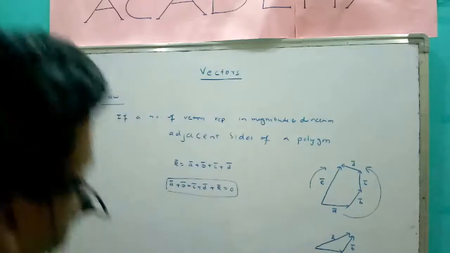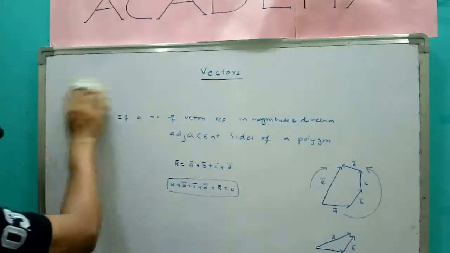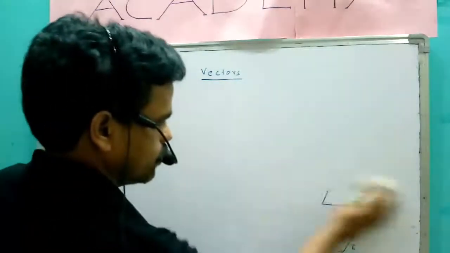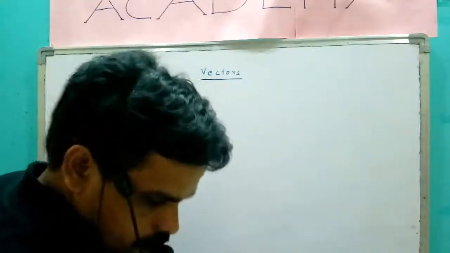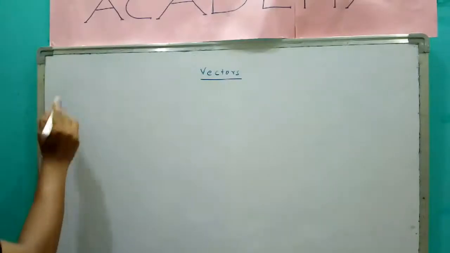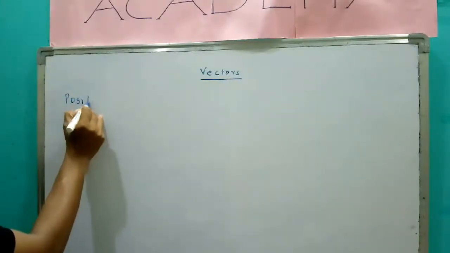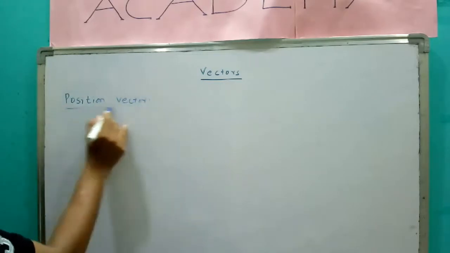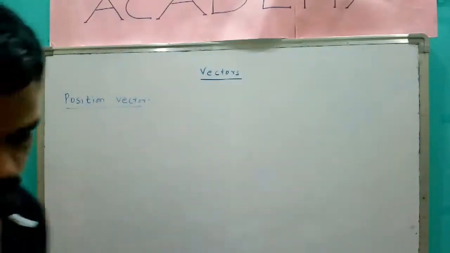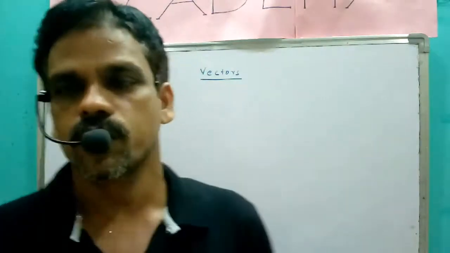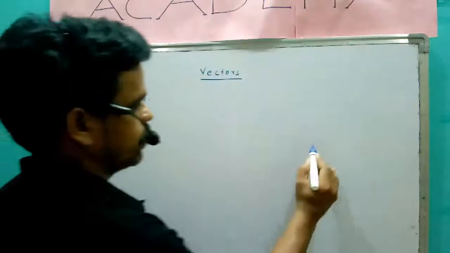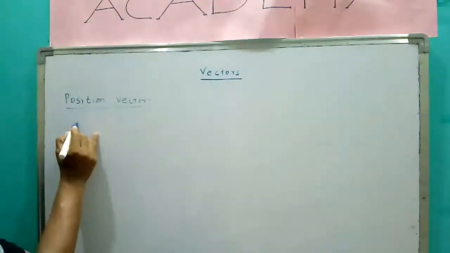Now we are moving to the position vector. The position vector represents the position of a particle with a vector. For example, take one dimension.